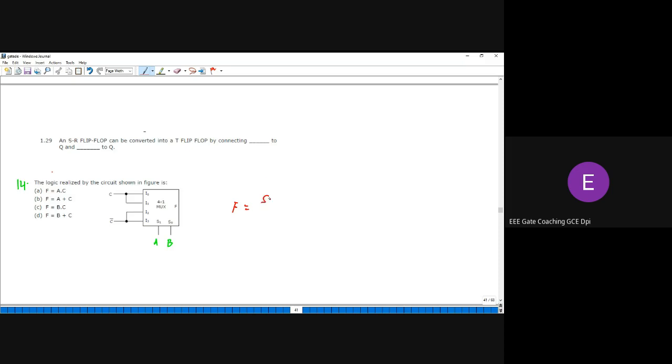If S1 bar S naught, that is 0 1, then I1 gets selected. Then if it is S1 S naught bar, I2 gets selected. And if S1 S naught, I3 gets selected.